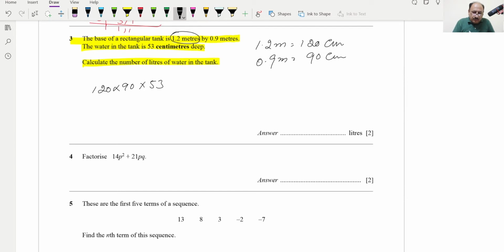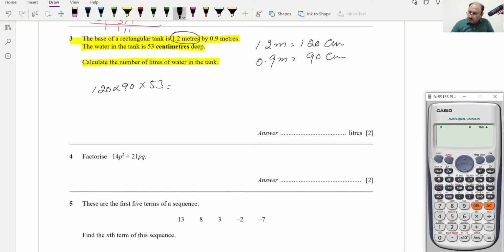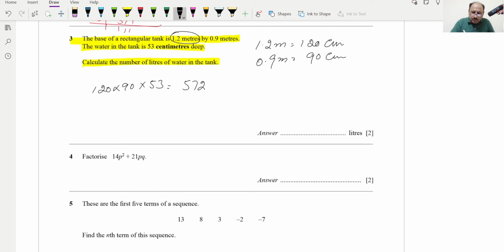This will be the volume. We multiply 120 by 90 by 53, which is equal to 572,400, but we require the answer in liters.